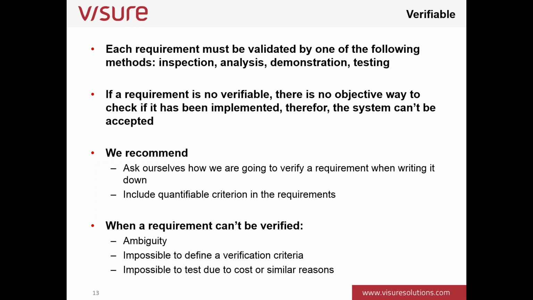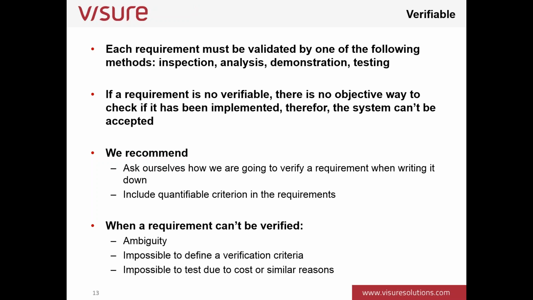We recommend that we ask ourselves how we're going to verify the requirement when we are writing it down. For that, we always recommend including quantifiable criteria in the requirements. Saying that the system is going to work 24/7 for 10 years is great, but there is no way to verify that except by having the system running 24/7 for 10 years.